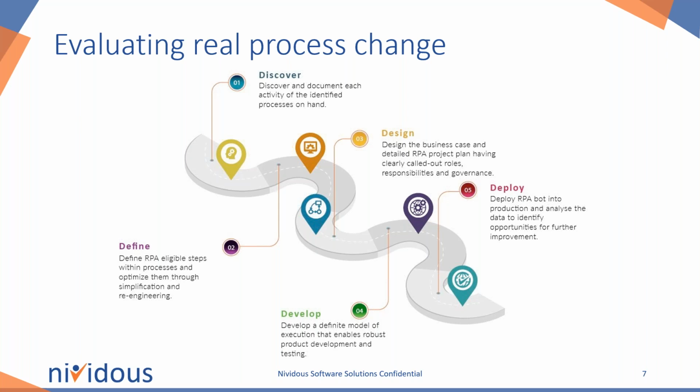So once you understand all of the processes that are in play in your company, then you have to start looking at which steps within those processes are suitable to use RPA for, and remember to not just implement those processes the way that they're being done currently, but also take a look at the process itself to make sure that it's optimal for what you're trying to accomplish.